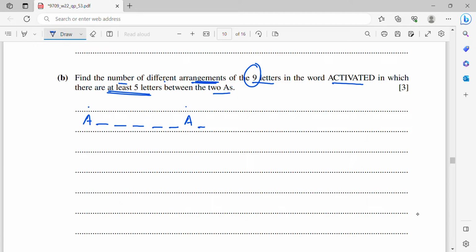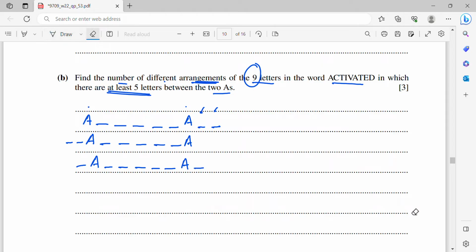So now I have another 2. These 2 can be at the back, in the front, or one at each end. So here I may get A, then A, and maybe 1 in the front and 1 at the back.